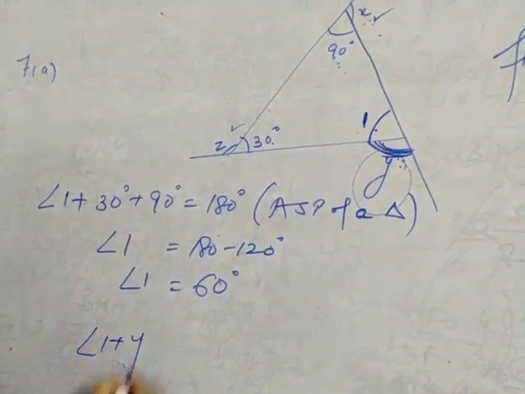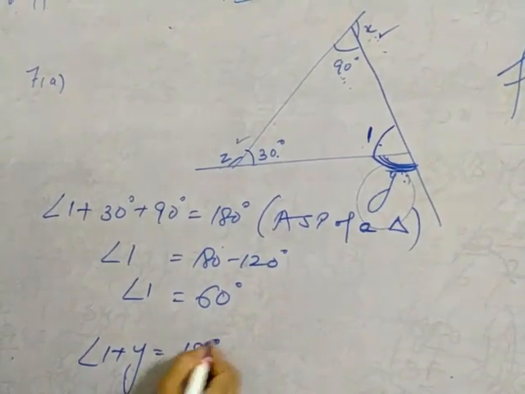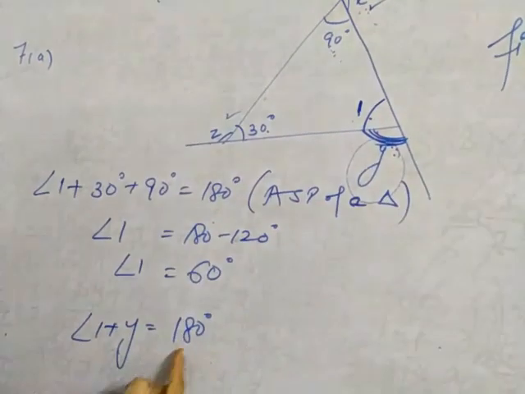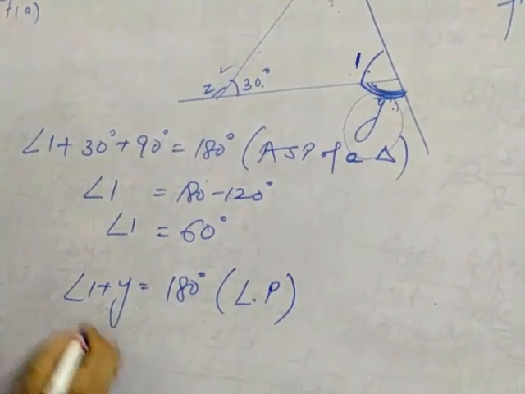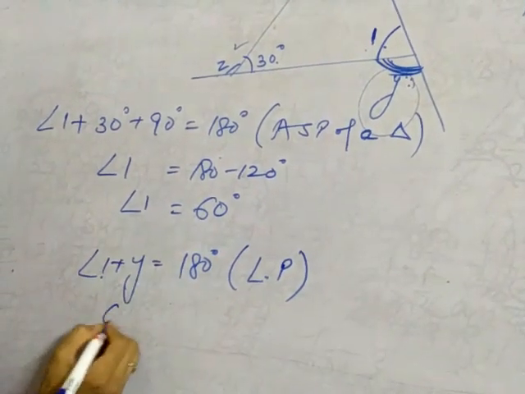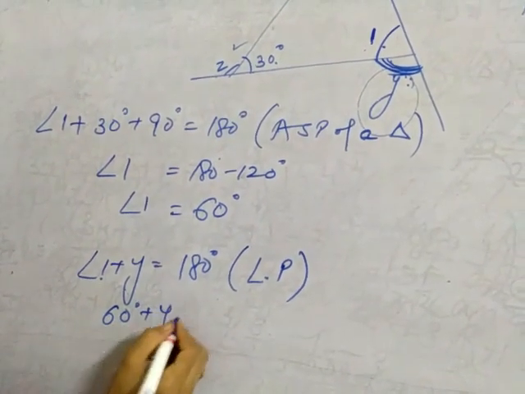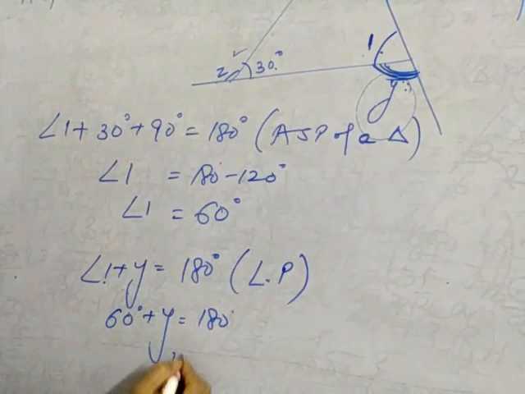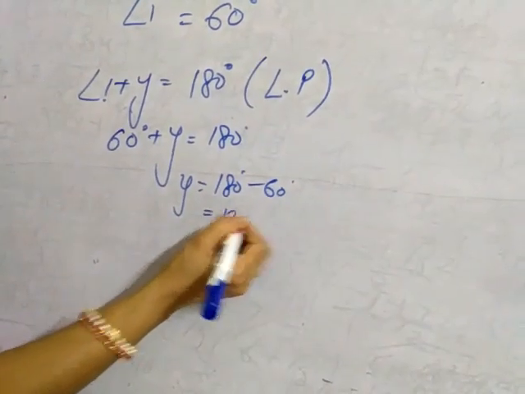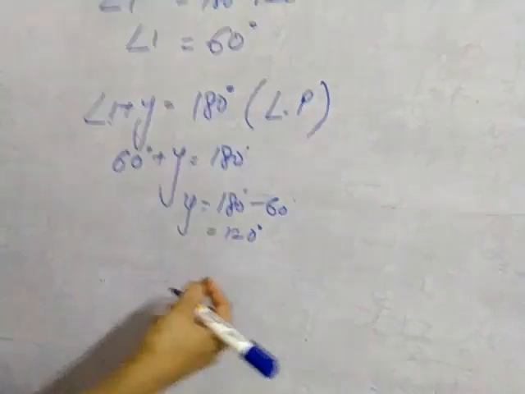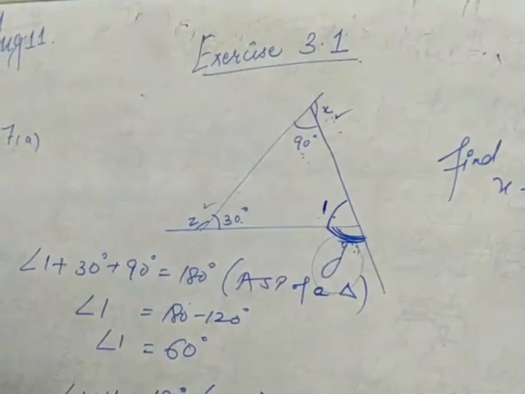So angle 1 plus y is equal to 180 because they are making a straight line, they are forming linear pair. Now angle 1 you have calculated, put the values. 60 plus y is equal to 180 and y is equal to 180 minus 60, that comes out to be 120. Similarly, you will be calculating the other angles.